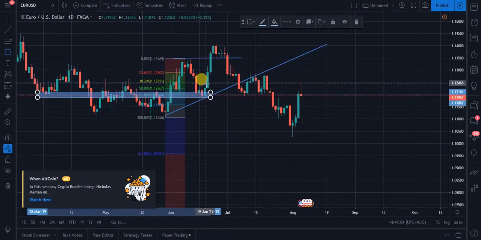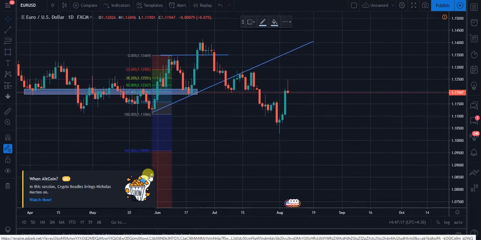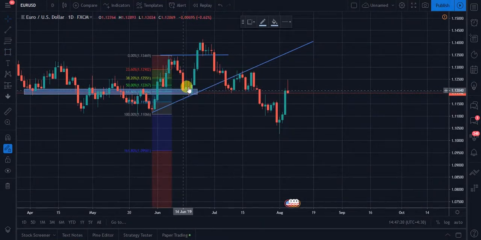So we can wait a little for a candlestick that shows us the price may change to up.